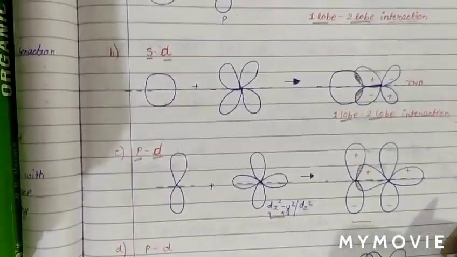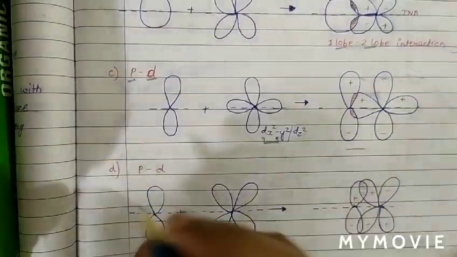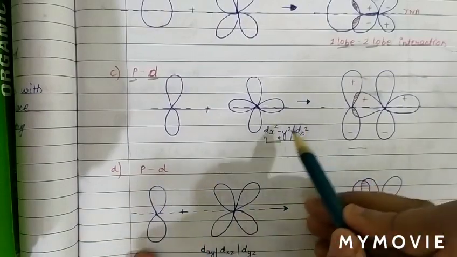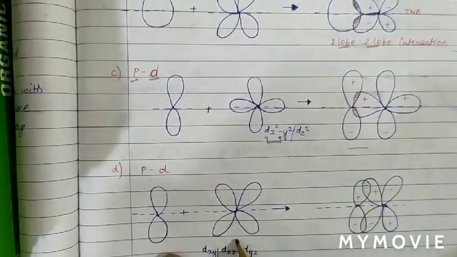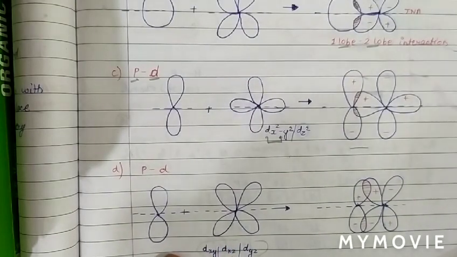See the next type of zero overlapping. The next type is pd overlapping, but in the last case there is p orbital with orbitals dx square minus y square or dz square, while in this case the d orbitals may be dxy, dxz and dyz.